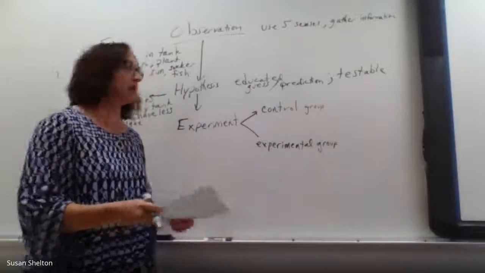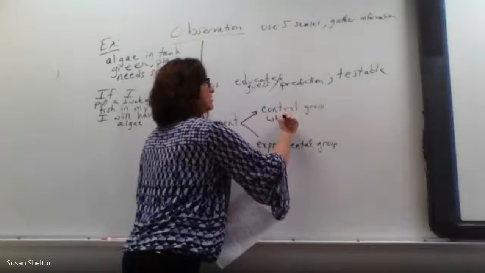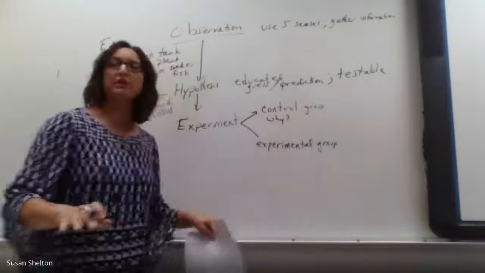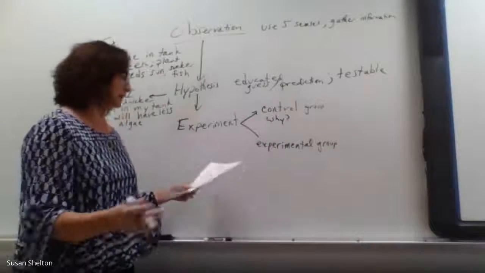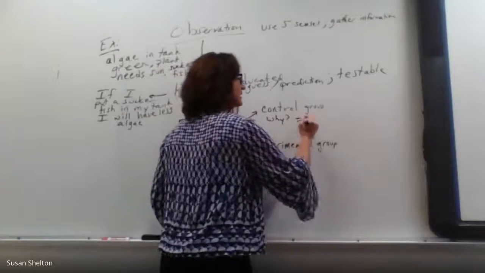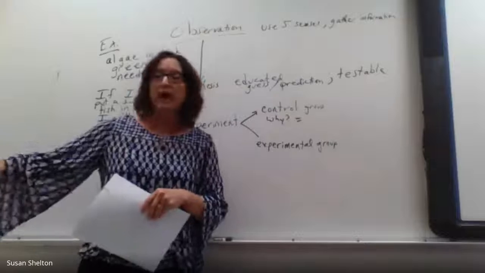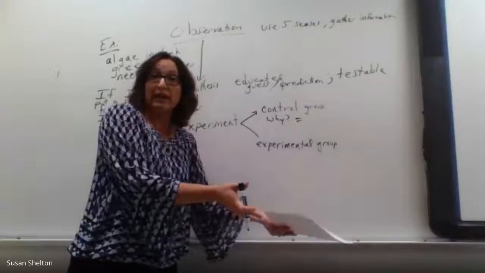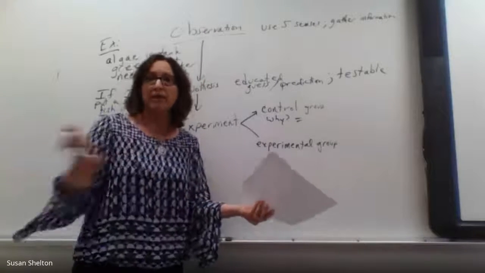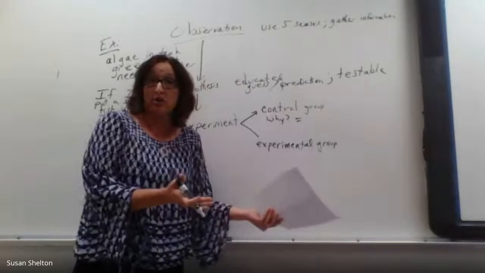Why? Okay, I asked you why. Why do we want to have a group that we do nothing with? Answer is, you need something to compare to. If I do an experiment, how do I know if it worked if I can't compare it to something? How do I know I have less algae if I can't see where I started?